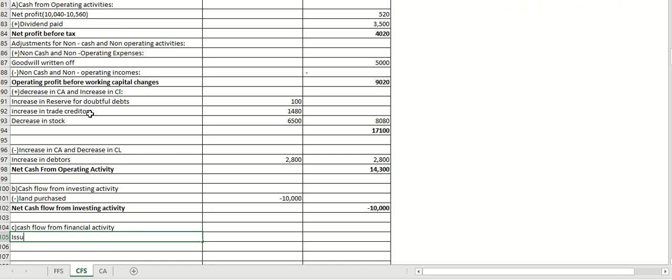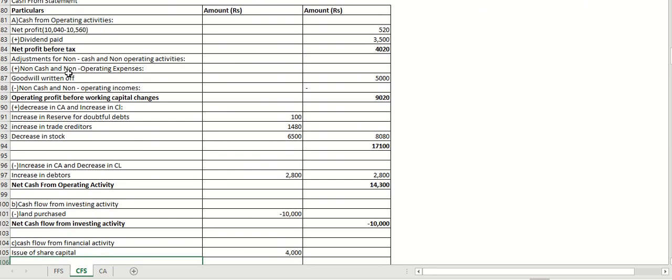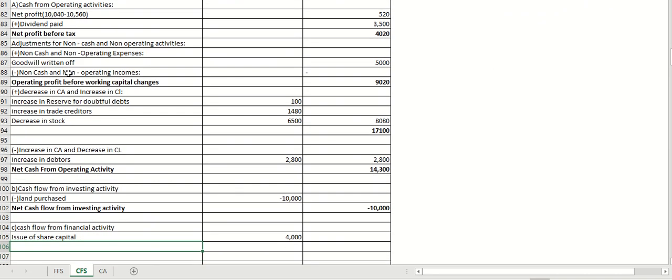So issue of share capital, the amount is 4,000. So you have the share capital to be 70,000 and 74,000, so increases 4,000. So next we have debentures, which has been redeemed by 6,000, and dividend, which is paid by 3,500. When it is outflow, you will minus it.